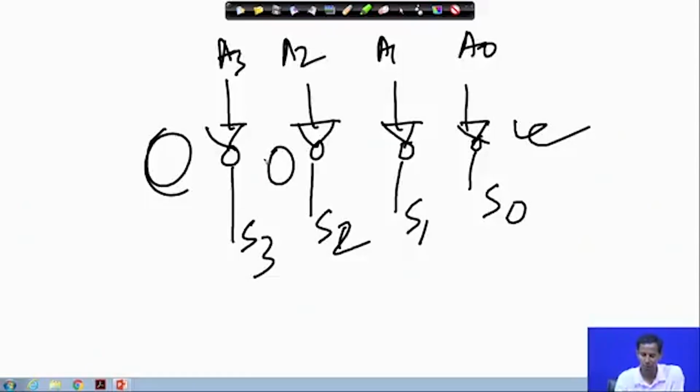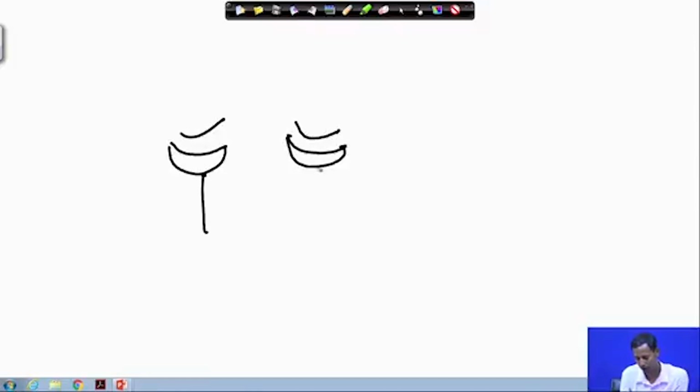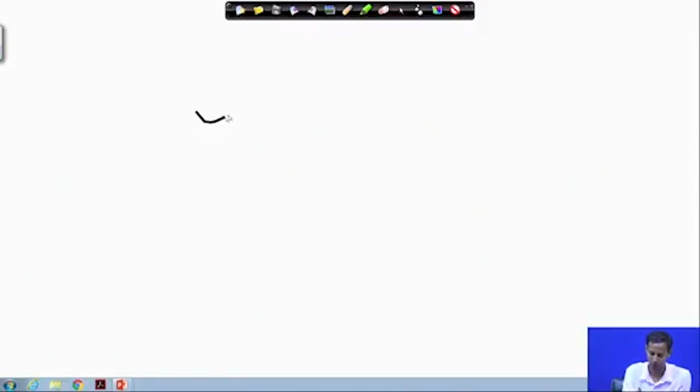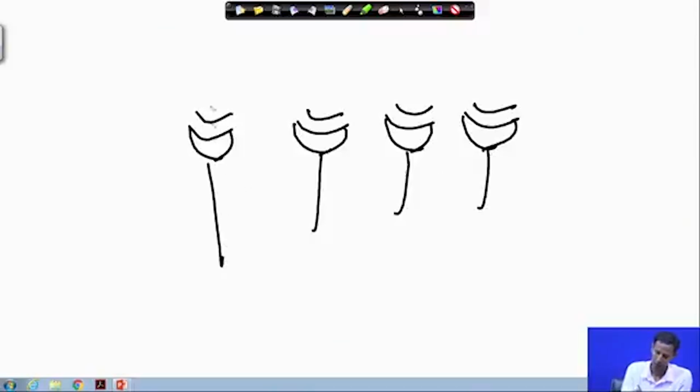So, instead of these inverters, if I put an XOR gate for each of them, I am designing XOR.